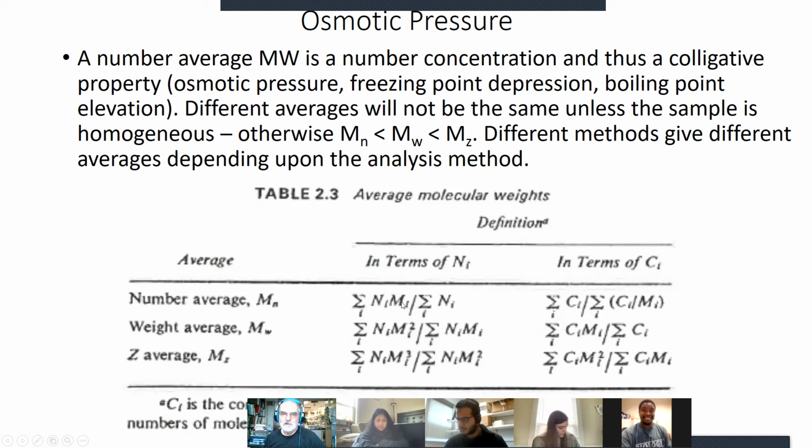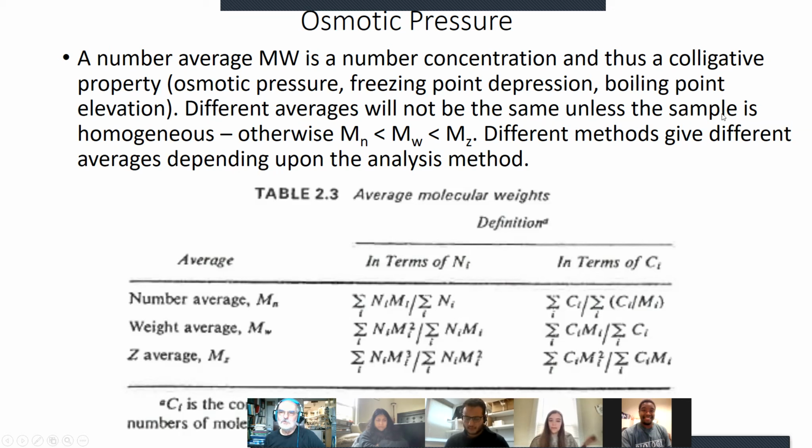It's M sub i in the numerator, it's M sub i squared with an M in the denominator, it's M sub i cubed in the numerator with an M sub i squared in the denominator. So you add in multiples of M in both the numerator and the denominator to convert between these different values. I say up above here, a number average is a number concentration, and it's a colligative property: osmotic pressure, freezing point, boiling point elevation.